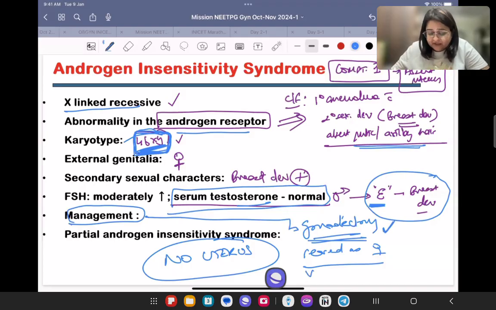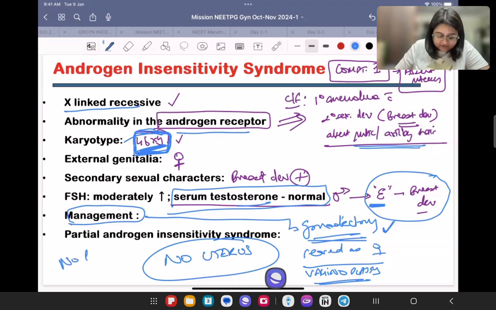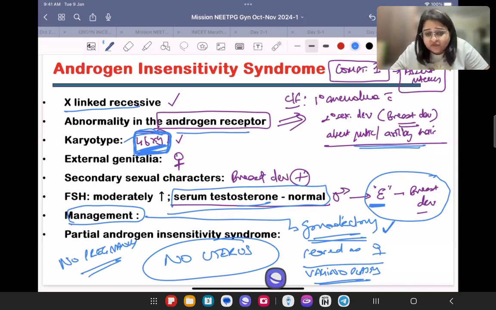Gonadectomy is required and a vaginoplasty is required because you need to give them a significant vaginal length. Also remember, can they get pregnant? They can't get pregnant. So AIS can never get pregnant. So no pregnancy is possible in AIS because they neither have ovaries nor do they have a uterus.